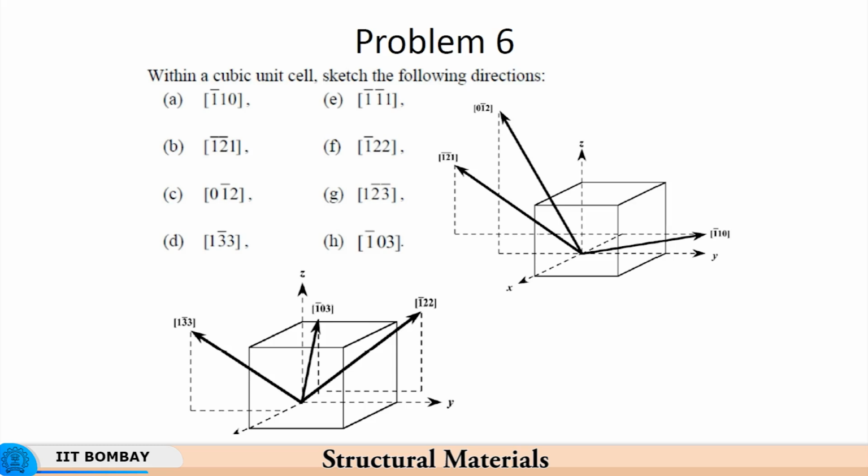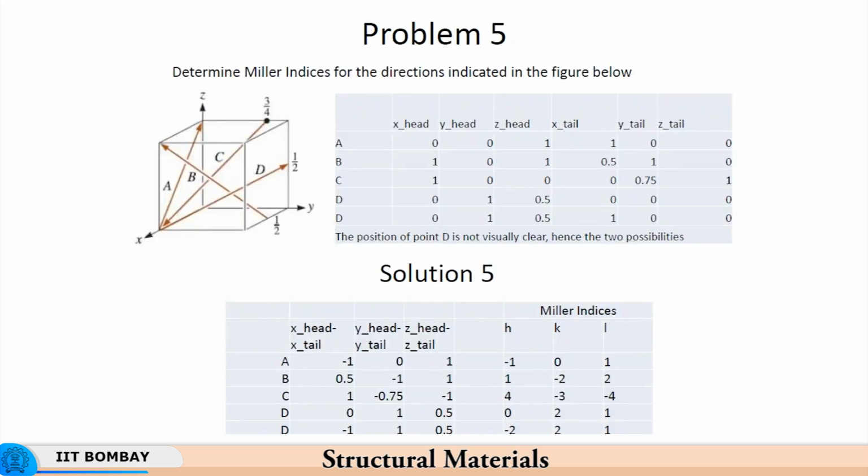You notice that in the previous case we had been given head and tail, and the directions were all over the place, they did not necessarily start from the origin. For example, bar 1 0 1, while we inferred the direction, you took this direction and inferred it as bar 1 0 1.